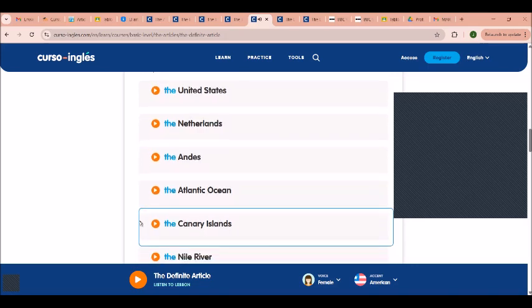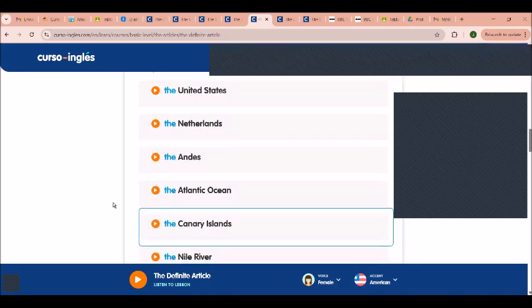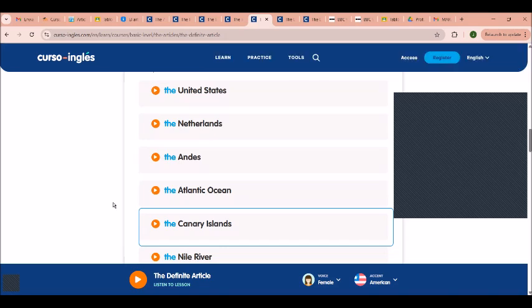The United States, the Netherlands, the Andes, the Atlantic Ocean, the Canary Islands. No S sound in island.